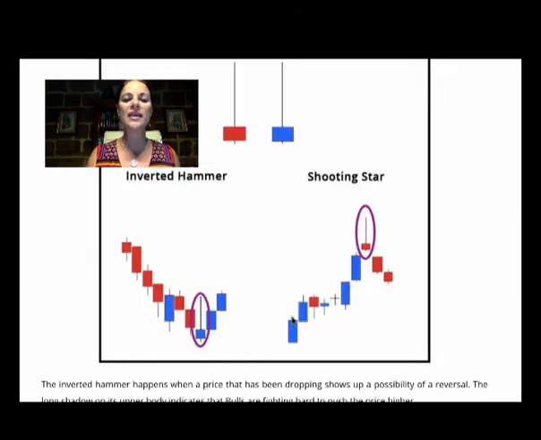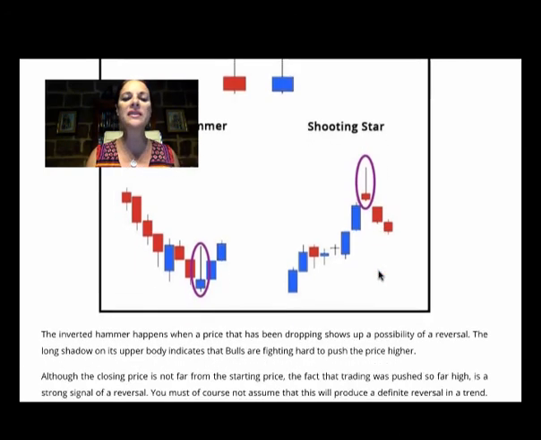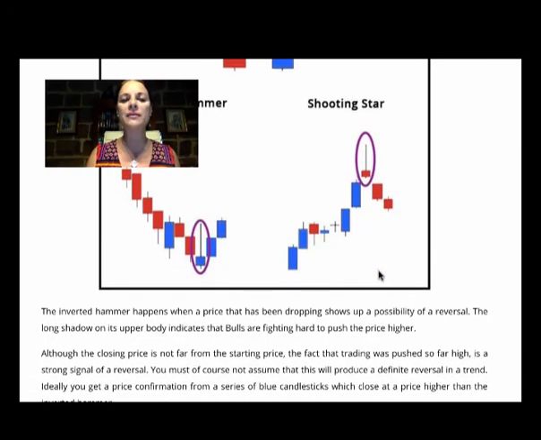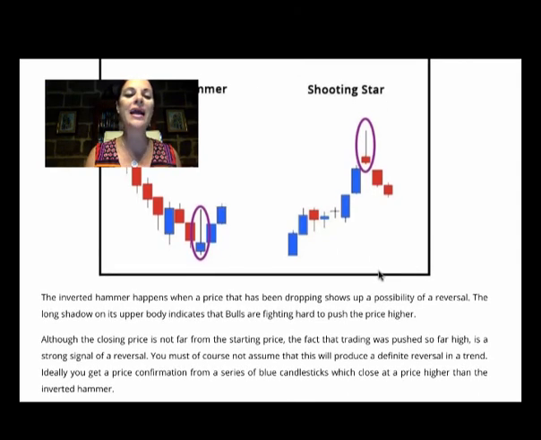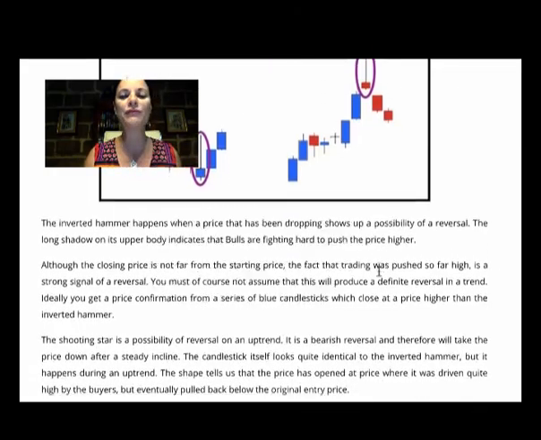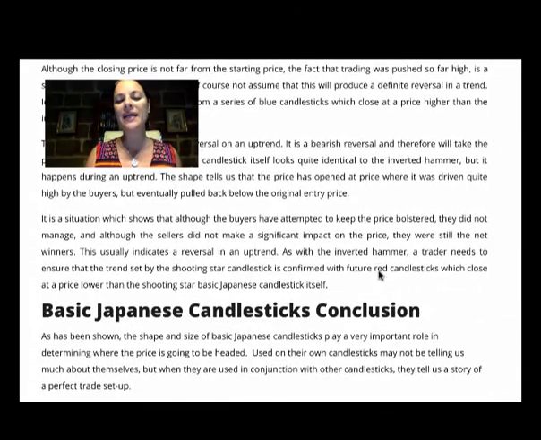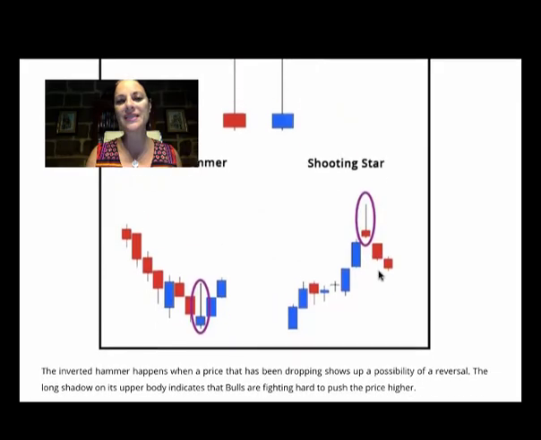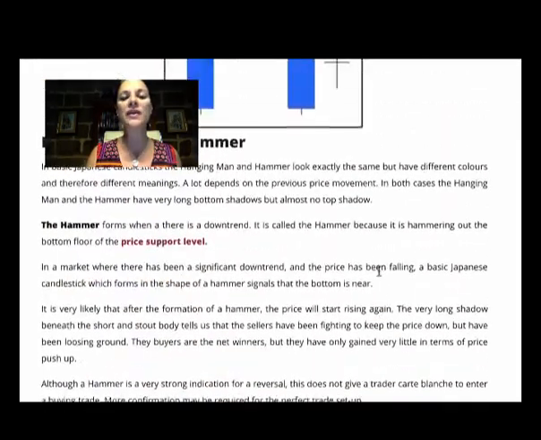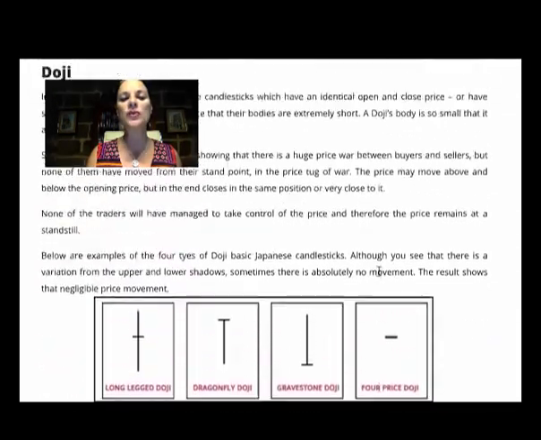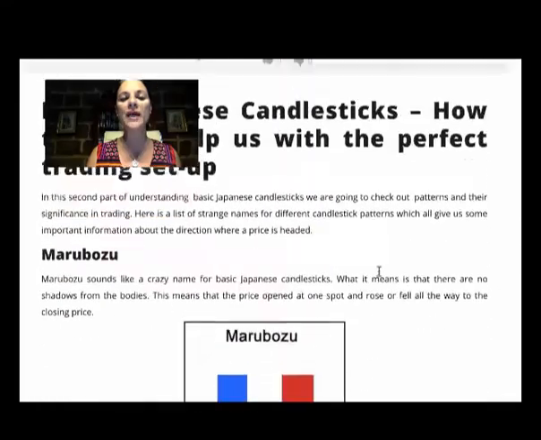Inverted hammer situation. Shooting star is the same thing, but in an inverse manner, and the significance of these stars, hammers, shooting stars, and all that jazz are absolutely fundamental in our trading sessions.